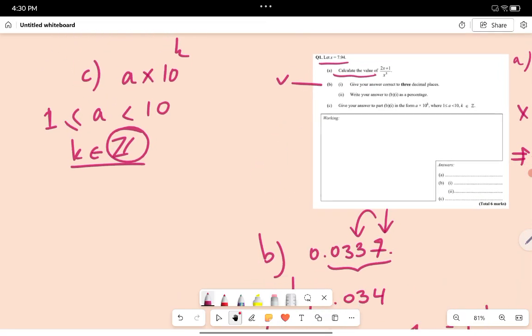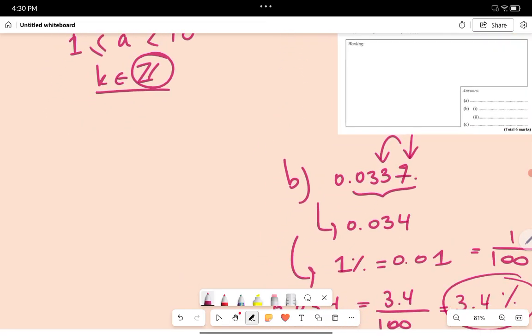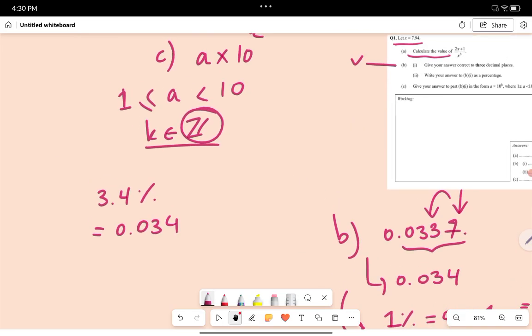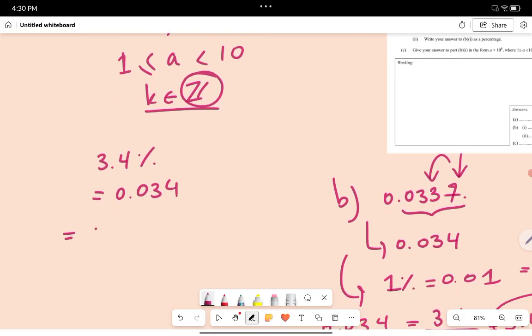So we have 3.4%, so that is 0.034. We want a value that is between 1 and 10. So this is basically 3.4, but we divide it by 100. So it's 3.4 times 10 to the power minus 2. You see?